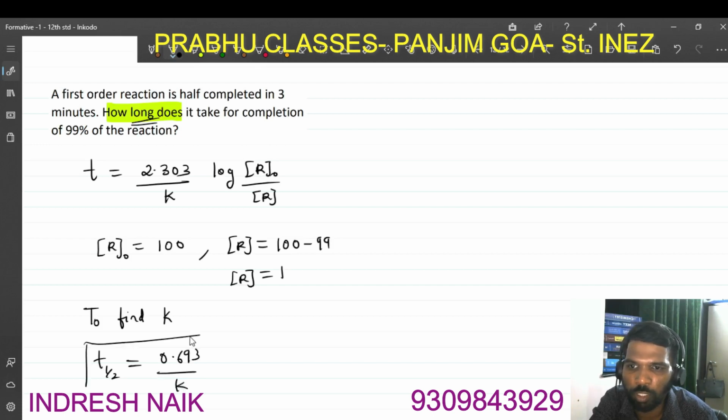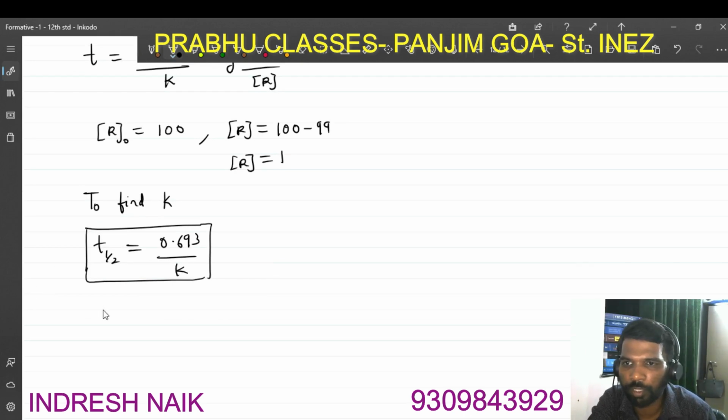This is for the first order reaction. So k will be equal to 0.693 upon t half. T half is how much?